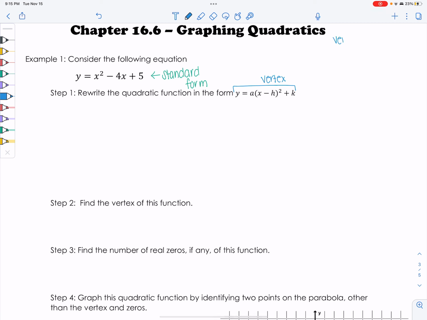To rewrite in vertex form, you can either find the vertex and plug it in, or you can complete the square and then that will give you the vertex. I'm going to do it both ways because you need to know how to complete the square going forward for Math 110, just because you will take problems that are more complex than the ones we're looking at in 102.